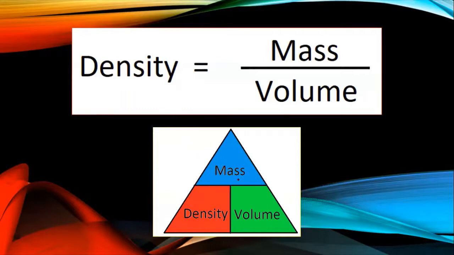Now, ladies and gentlemen, if you look at that triangle, the two at the bottom there, density and volume. What is the mathematical relationship between the two? Add, subtract, multiply, or divide? Multiply. When the two, well done. When the two of them are next to each other, it's multiply. What is the mathematical relationship between mass and volume? Divide.